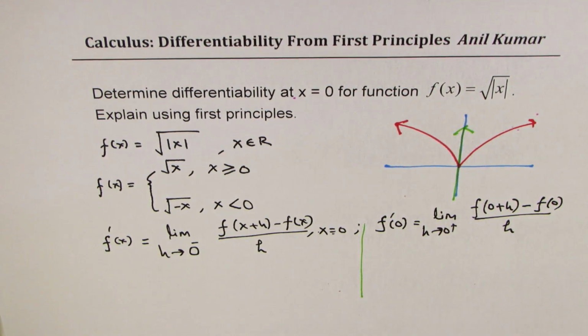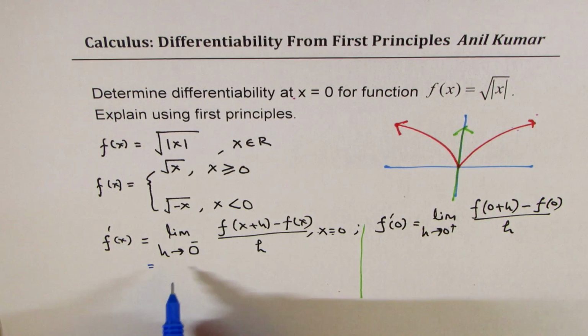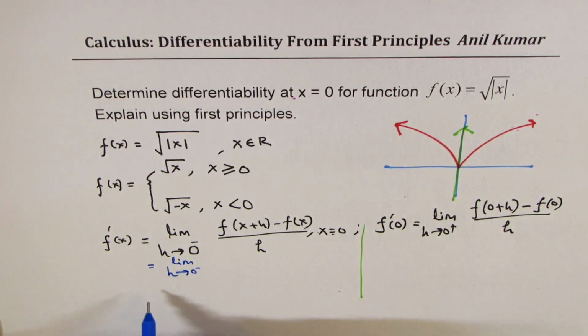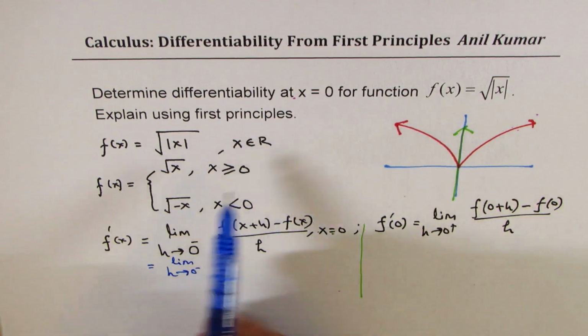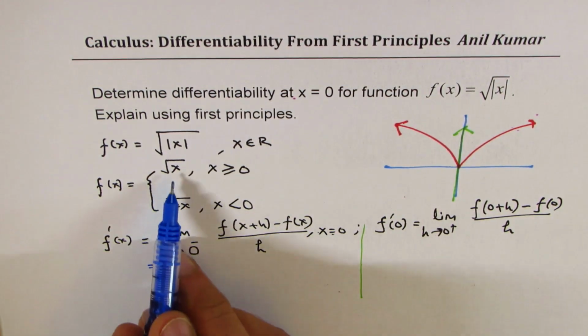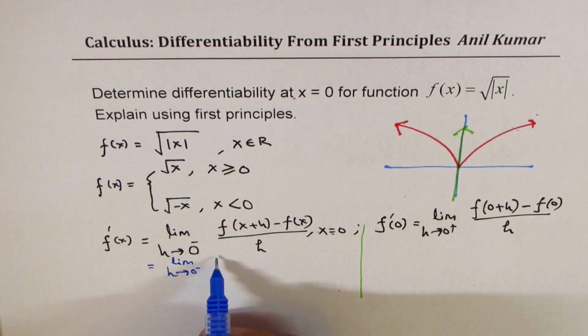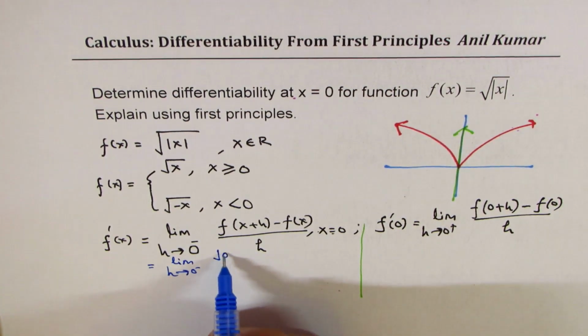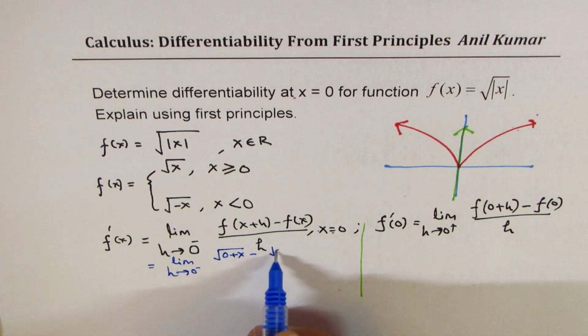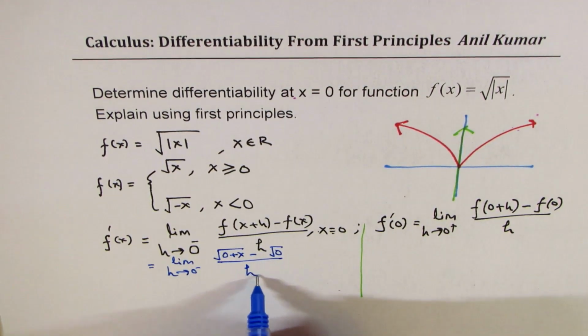So if you do this, just as we did last time, what you get here is limit h approaches 0 from left side, and the function is, as you can see, square root of x. So for 0, we get square root of 0 plus h minus square root of 0 over h.